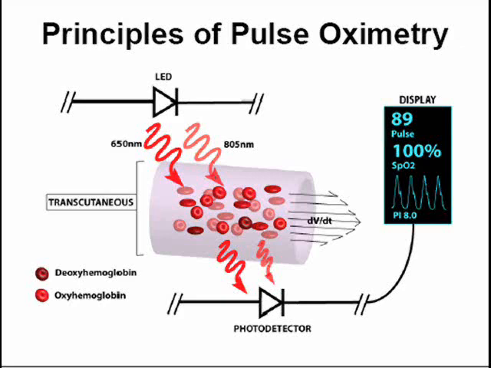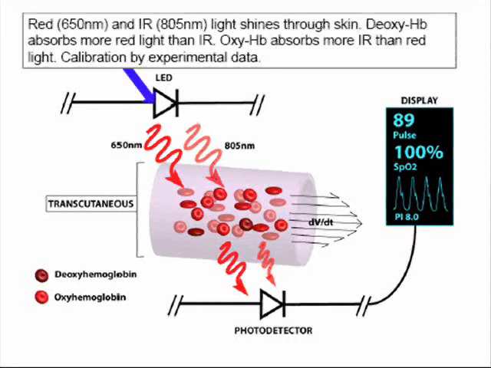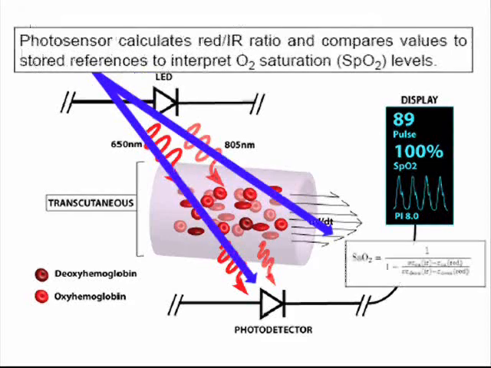Of course, this is right through the skin, and on the opposite side of your LED would be a photodetector. The red and infrared light that shines through the skin is dependent on the amount of deoxy as well as oxyhemoglobin. Oxyhemoglobin reflects more red light, while deoxyhemoglobin reflects more infrared light.